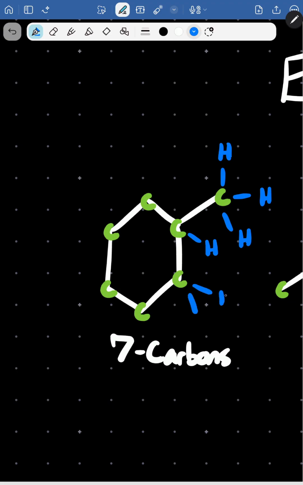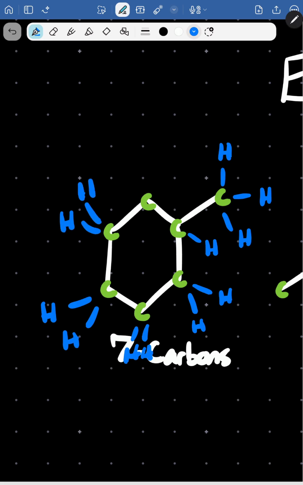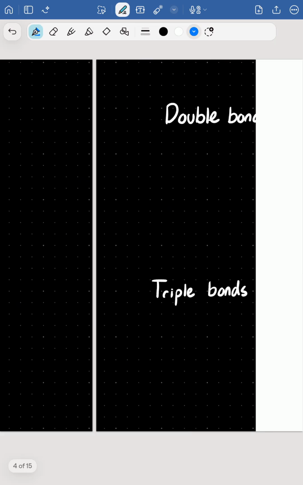There's 2, 2, 2, 2, 2, 2. It takes a lot of work to draw all the hydrogens. So we just don't do that with all the carbons, or else it will take forever.